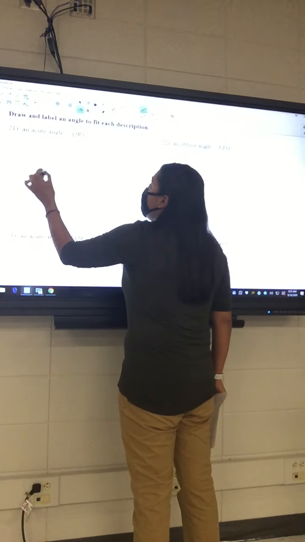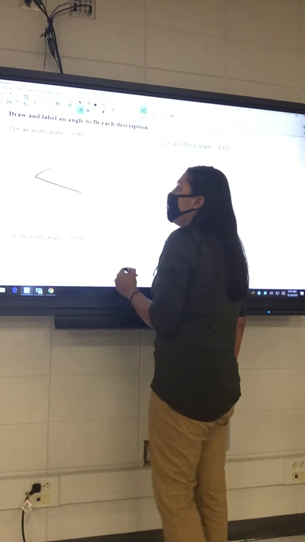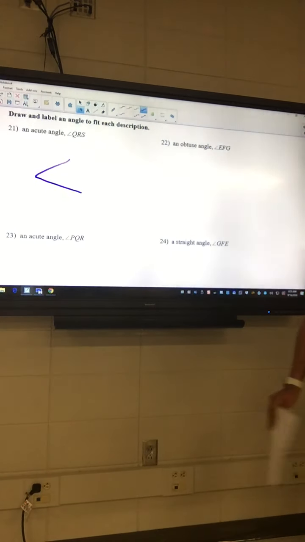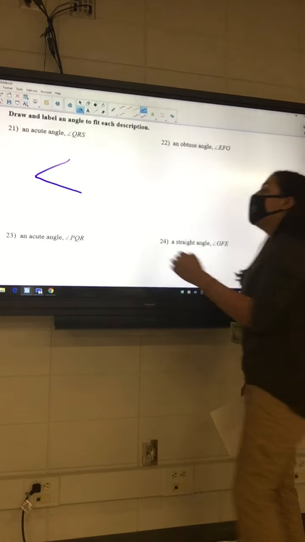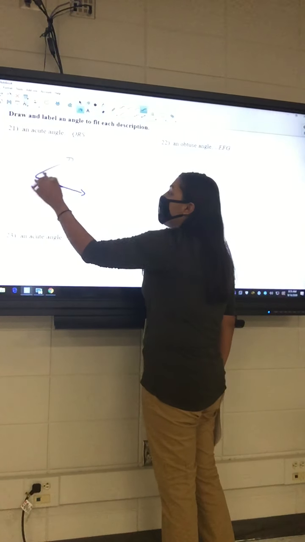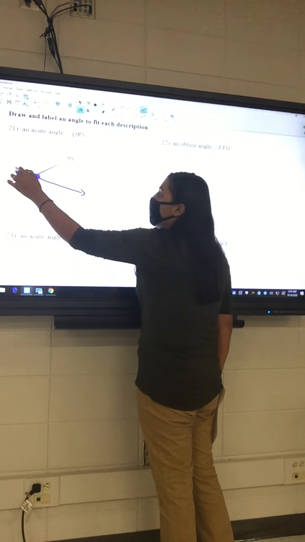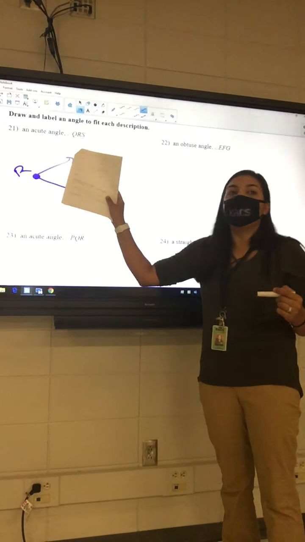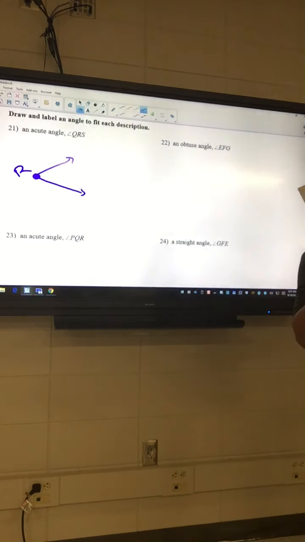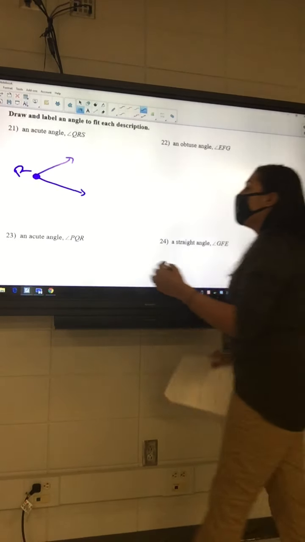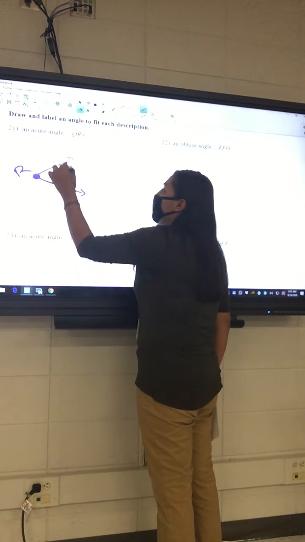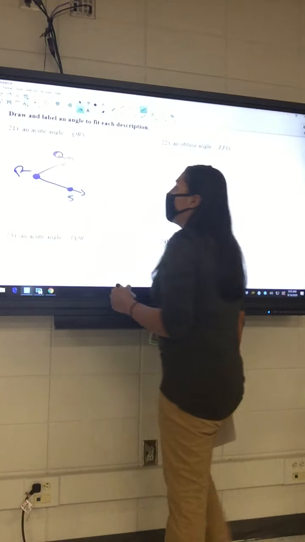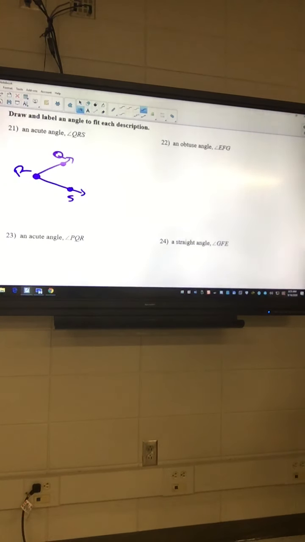So I have my acute angle, that's definitely acute, and I need to label it, so QRS. We know that R is the vertex for sure, because the vertex is always in the middle. Now, does it matter if I put the Q down here and the S down here? No, it doesn't matter. The other two points don't matter. So maybe we could say S and Q. Couldn't we also label it as the vertex too? We did label it as the vertex.